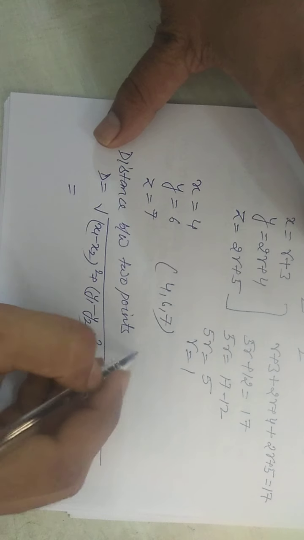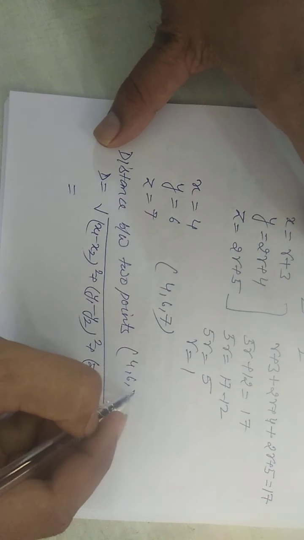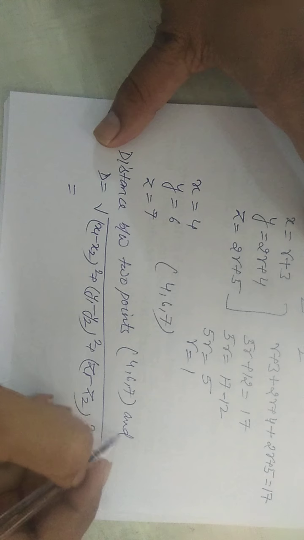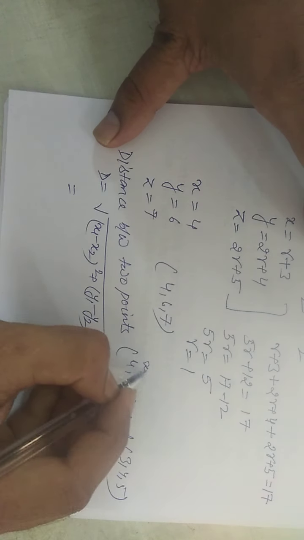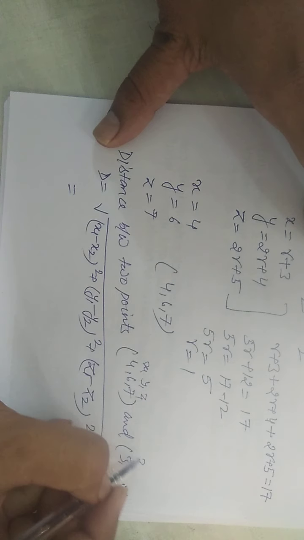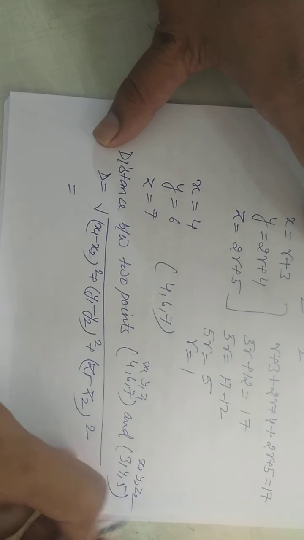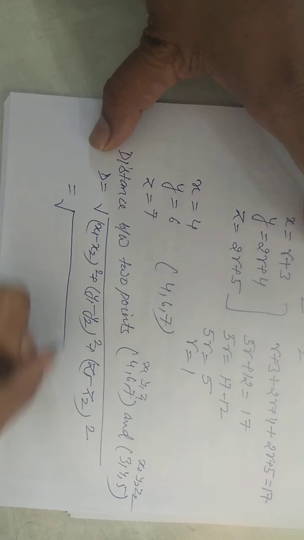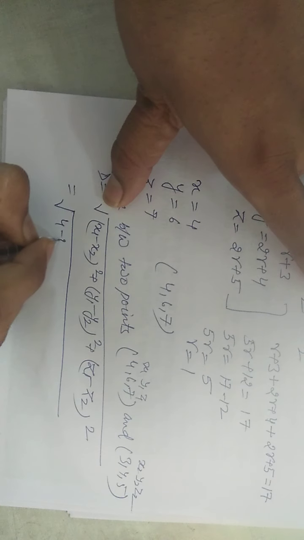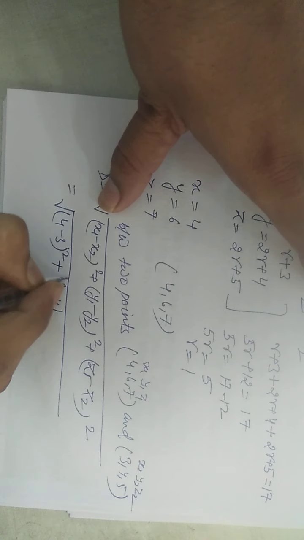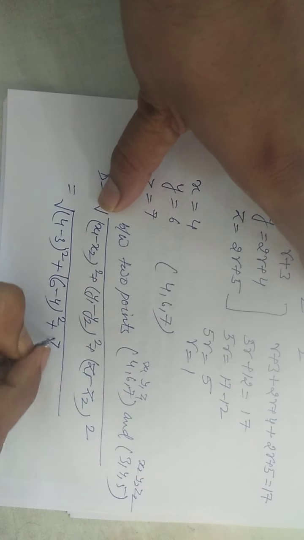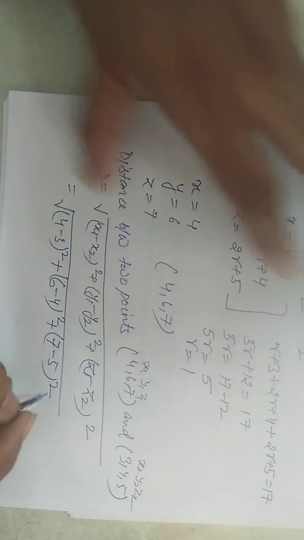The first point is (4, 6, 7) and the second is (3, 4, 5). Under root, (4 minus 3) squared plus (6 minus 4) squared plus (7 minus 5) squared.